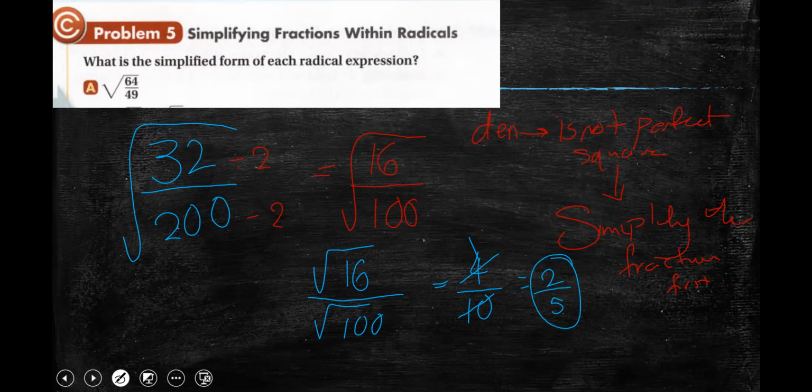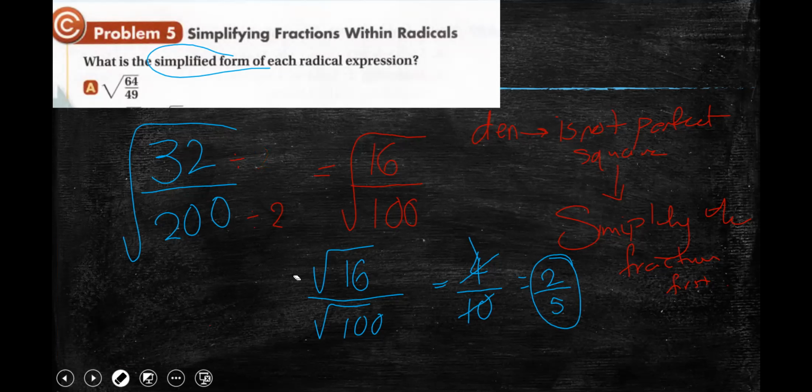Teacher, does it mean we should always simplify them? Yes, I told you, the simplified form. And teacher, when I want to simplify the fraction, I will not pick the biggest number that will be divisible by both numerator and denominator. You can, yeah, you can make it like this.